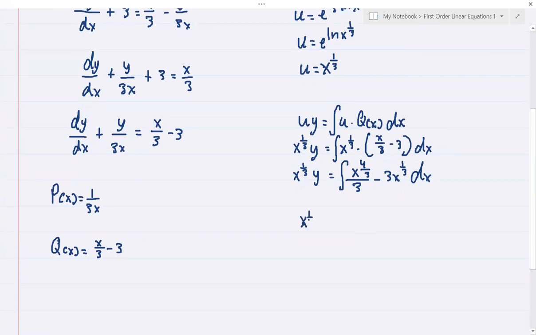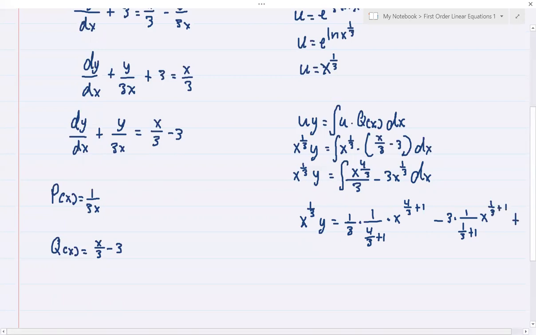By integrating, for your first term, we will have 1/3 times 1 all over 4 all over 3 plus 1 times x raised to 4 all over 3 plus 1, minus, let's integrate this one, 3 times 1 all over 1/3 plus 1 times x raised to 1/3 plus 1.